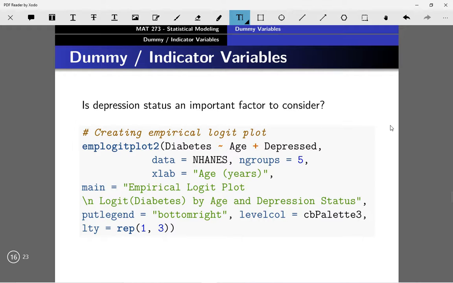So looking at this example, we're interested in if depression status is related to someone having diabetes. This is a good time to mention we are not answering a question about causality. We are not concluding if depression causes diabetes or if diabetes causes depression.